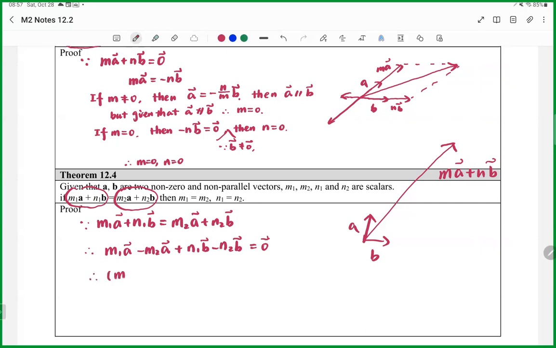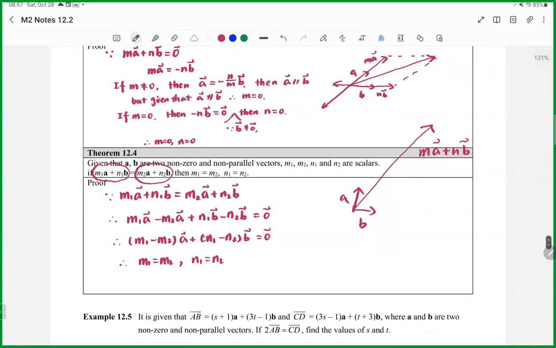Therefore, (M1 minus M2)A plus (N1 minus N2)B equals zero vector. Now, because a combination of two base vectors can never be zero unless M1 equals M2 and N1 equals N2, that's how it's done. So there is only one answer possible.